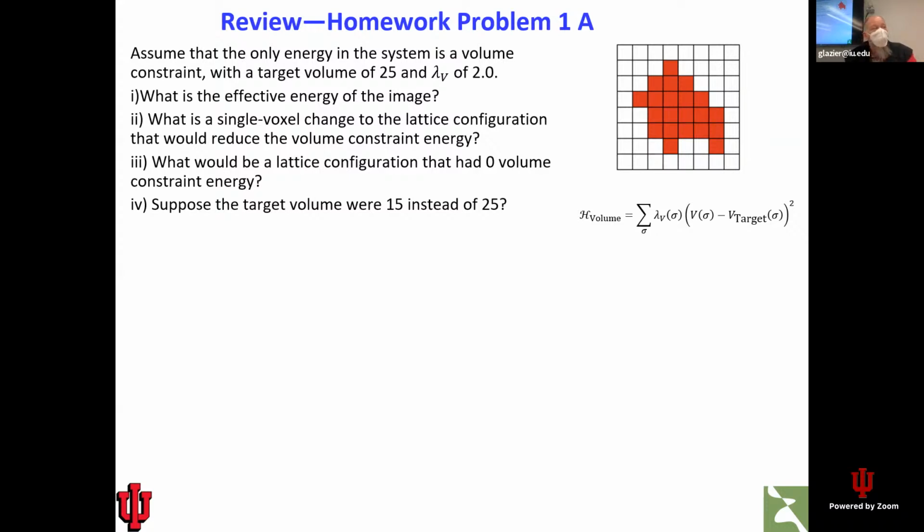So if the target volume were 15 instead of 25, my volume energy would now be 72 instead of 32. And everything would reverse. I would reduce the energy by shrinking rather than by growing. And if I had 15 voxels, then my volume energy would be 0.